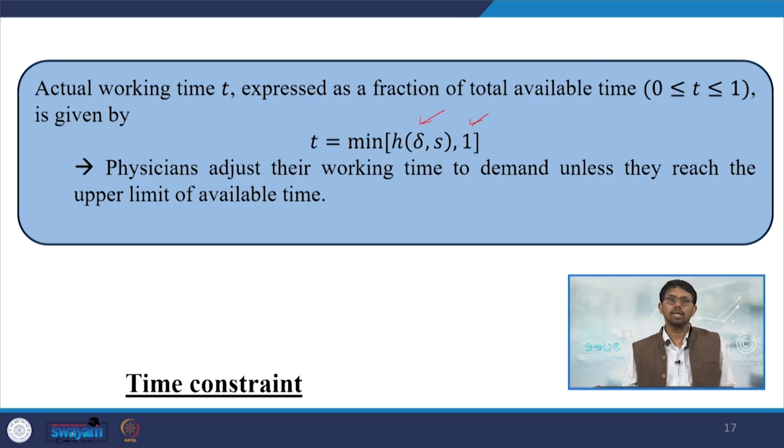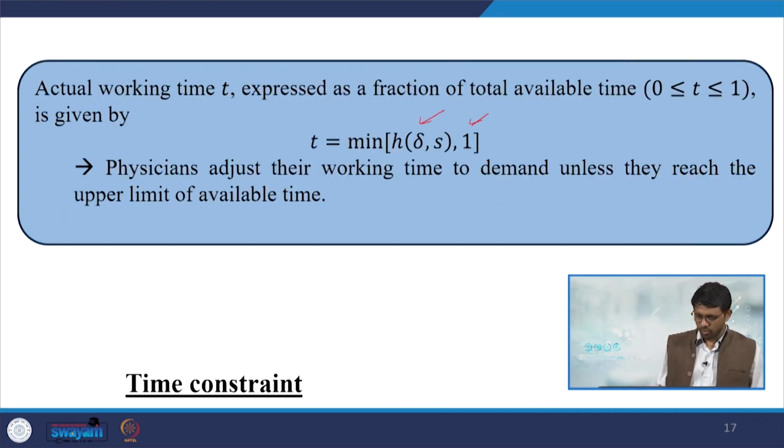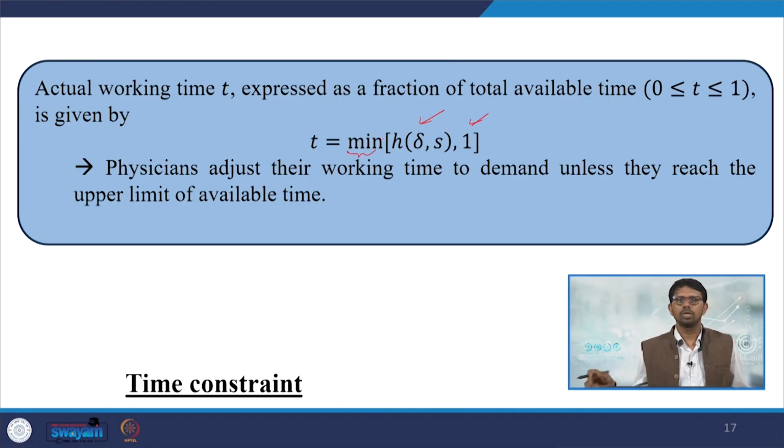Physicians adjust their working time to demand unless they reach the upper limit of their available time. So, we have discussed the time constraints explanation. You can just cross-check why the minimum is required, because minimum hour allocation is required from the doctors or the physicians, which really influences the H function, or the healthcare services.